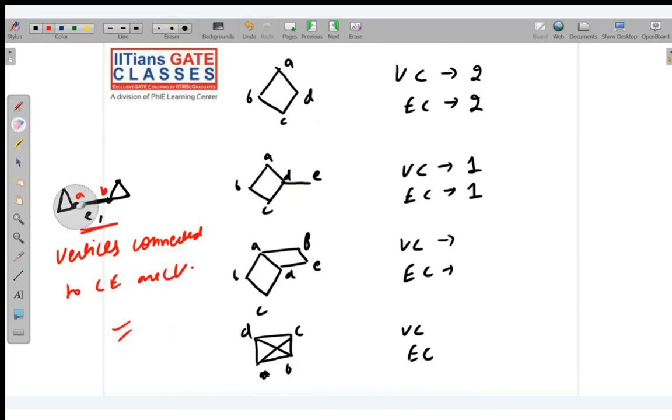Or you can say vertices of cut edge are cut vertices. Yes, 100% sure. See, because an edge cannot exist without vertices. So when we have an edge, obviously it will be joining two vertices. So now these two vertices which are joining this cut edge, they will be cut vertices for sure. Okay, I hope I have made the point clear.